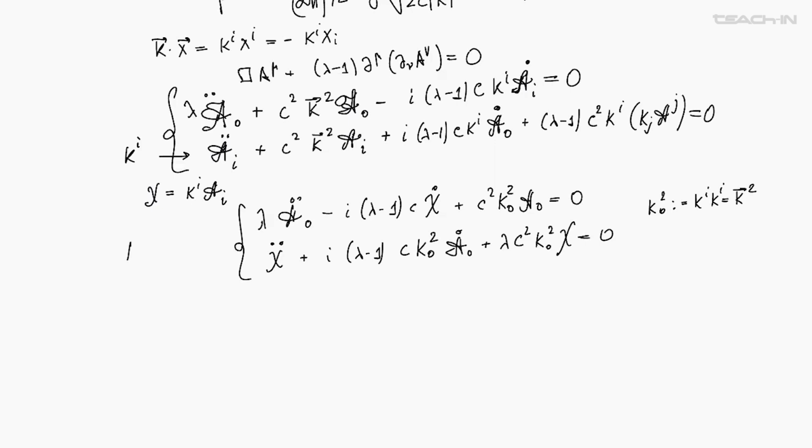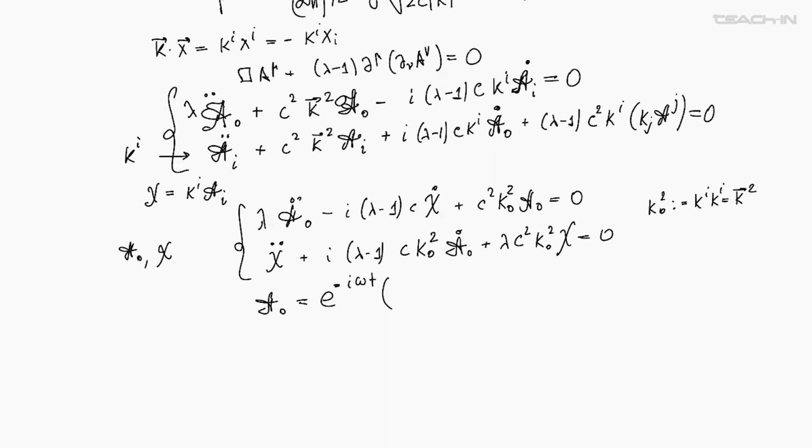And this can be solved by setting up the following ansatz. For A0, you take exponential of minus i omega t. That is something which you actually expect from free oscillators. For a normal vector field, you expect the appearance of such an exponential.